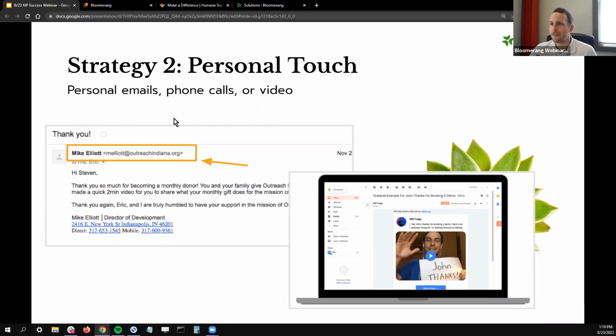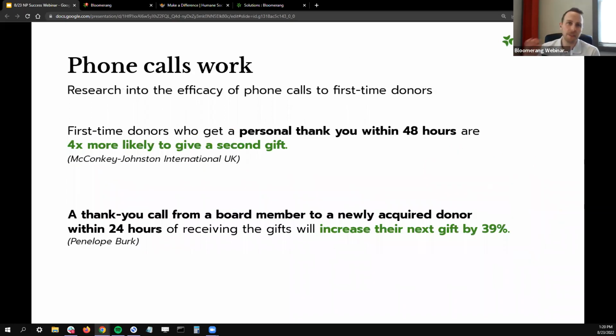Whether it's a personal email, a personal phone call, or a video message like Grativid, that's a great way to ensure that your donors feel loved and appreciated. And to emphasize phone calls, it doesn't have to be anything fancy. It doesn't have to be a super big production value thank you video sent to every donor.